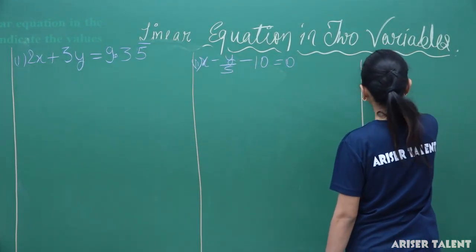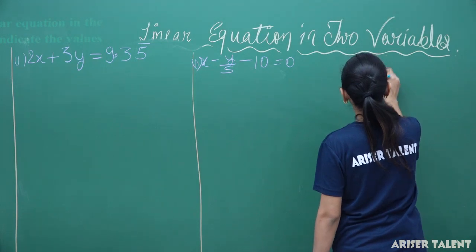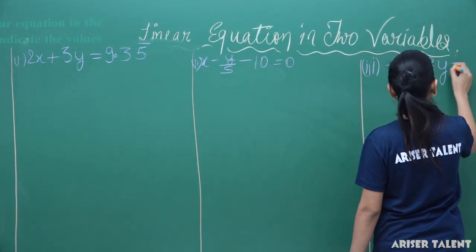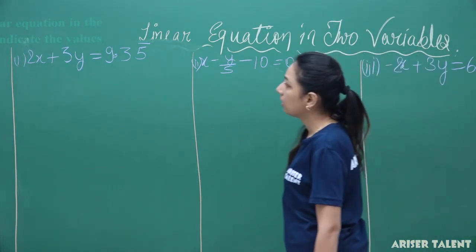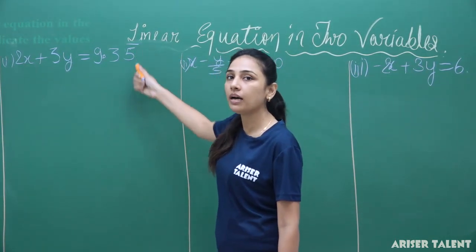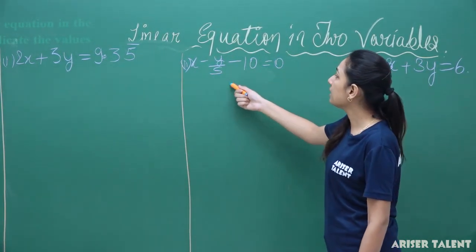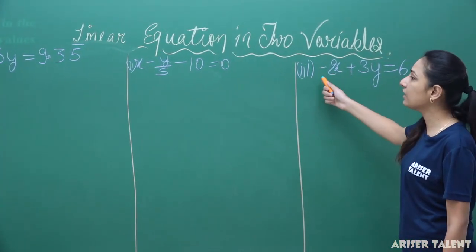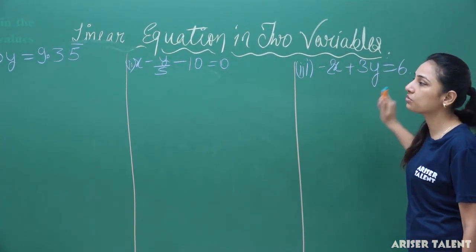The third one is minus 2x plus 3y equals 6. So, 2x plus 3y equals 9.35 bar, then x minus y by 5 minus 10 equals 0, and the third is minus 2x plus 3y equals 6.